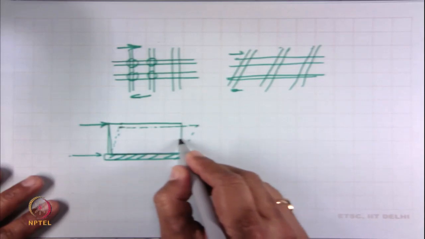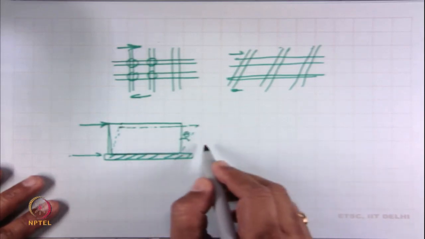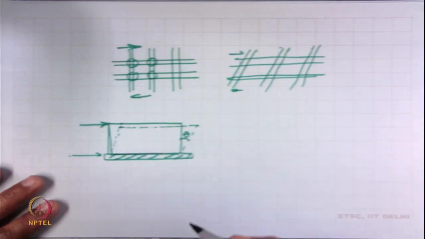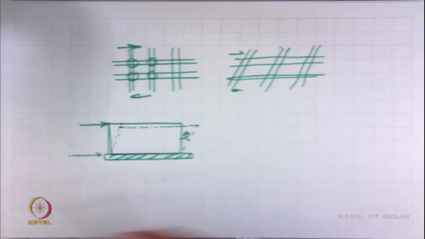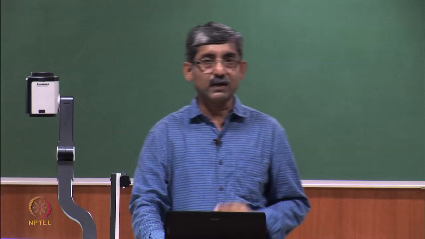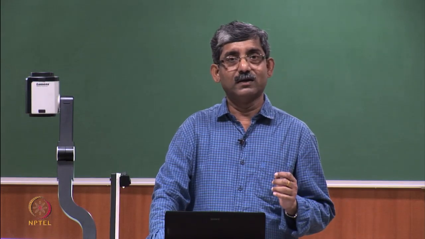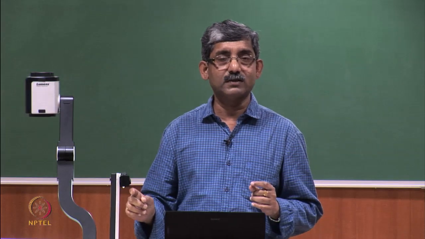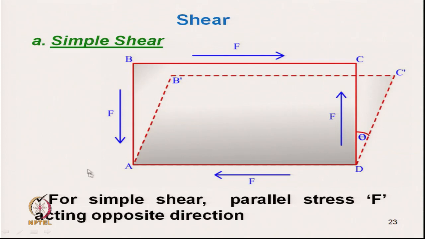This theta, tan theta, is the shear strain, and we can measure the force to deform. Then you can calculate the shear stress. But for textile material, as it is very flexible, this type of measurement is very difficult. Now, this is the simple shear.